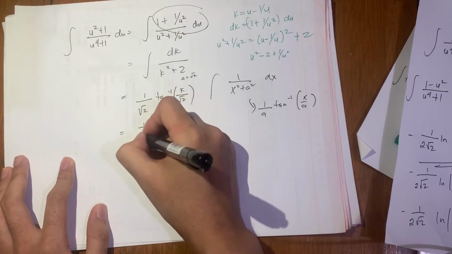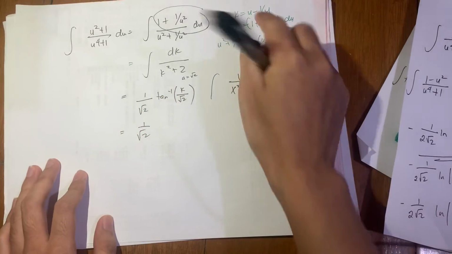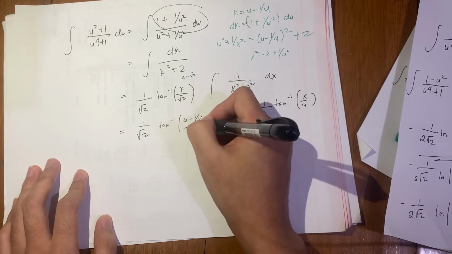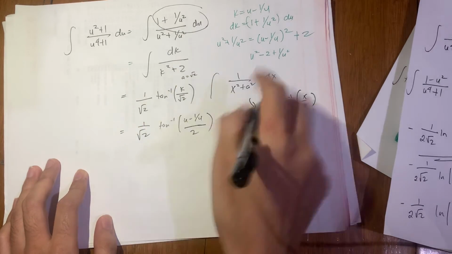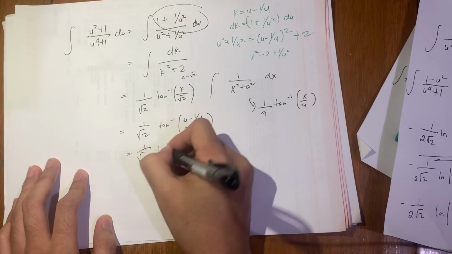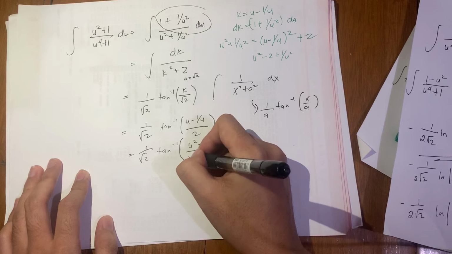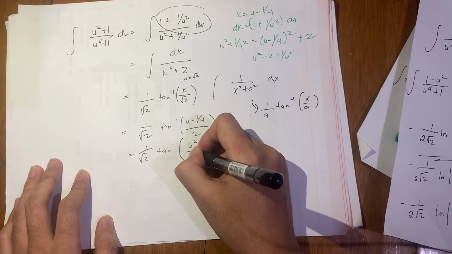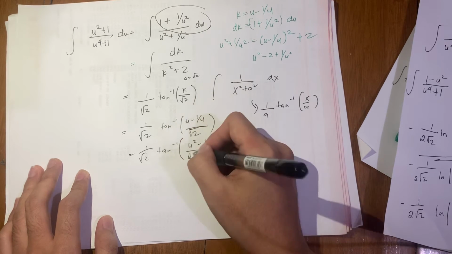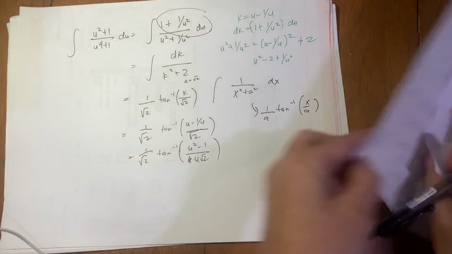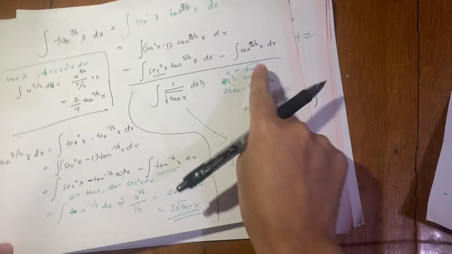Again, in terms of u, the substitution is this one. Simplify lang ulit natin. U squared minus 1 over square root of 2 u, square root of 2. And then, going back to our earlier substitution, we let u equal square root of tangent x.